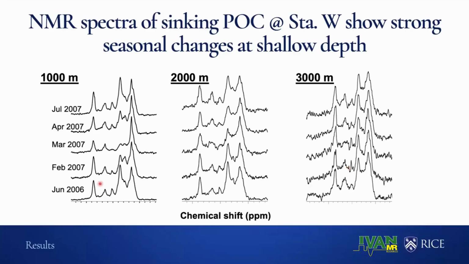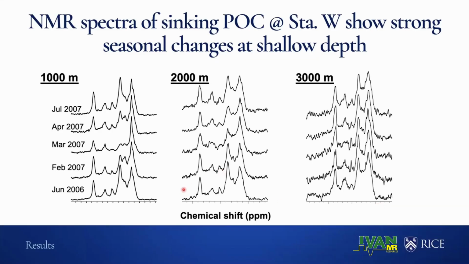From left to right, they are selected NMR spectra of POC at 1,000 meter, 2,000 meter, and 3,000 meter at the same period of time. And as we can see, we do not see substantial change among the depths. This probably suggests non-selective preservation of POC during its sinking, as suggested by Hedge et al. before.